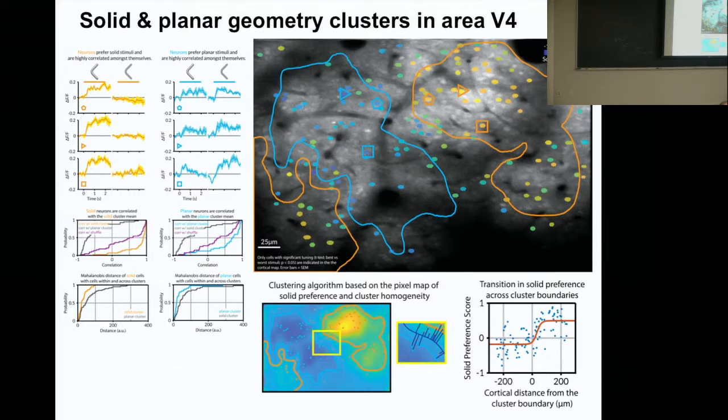The blue that you see through most of here is a weak preference for flat shapes, and yellow and orange is preference for 3-dimensional shapes.